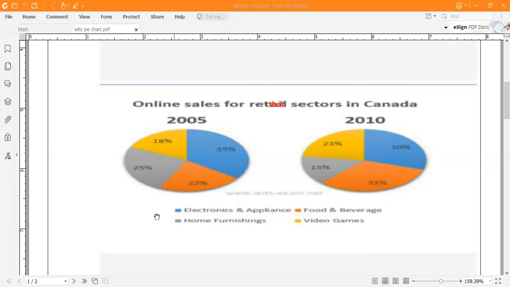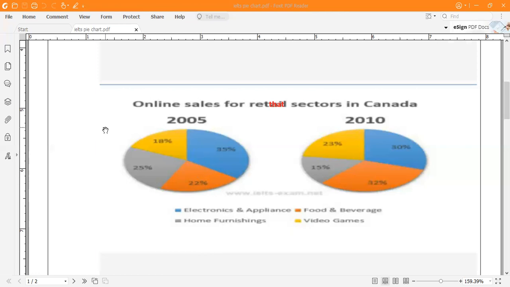Which one? So we've talked about the food and beverage. I think you just talk about it now. Which one should I talk about? Food. Okay, as we can see from the figure above, food and beverage has fallen. أول شيء اشرح قبل ما أدخل فورا. كم هنا؟ Okay.